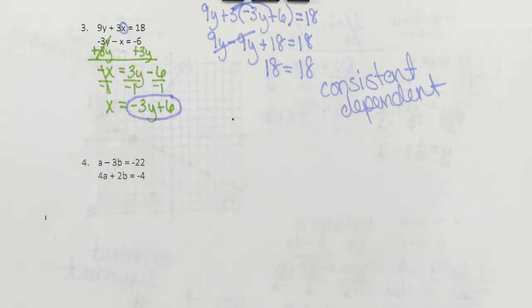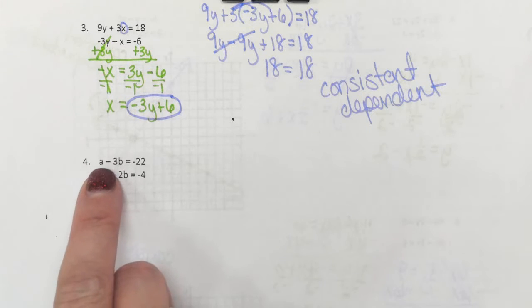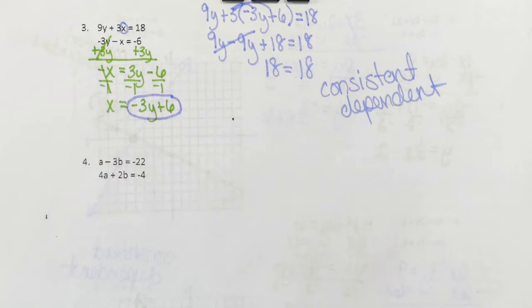Number 4, oh my gosh, they give you a's and b's instead of x's and y's. It's okay. Same rule. I need to get a letter, any letter, by itself. So which letter is going to be easy to get by itself? The A right there on top, okay? So let's solve that one.